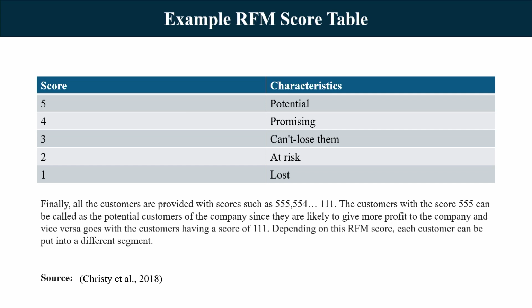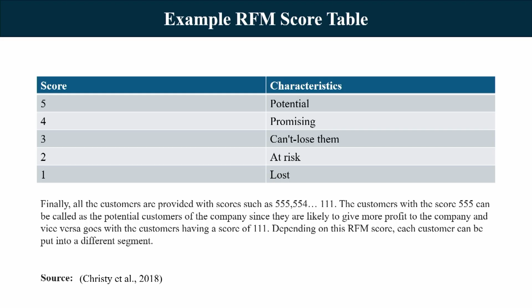The customers with the score of 555 can be called the potential customers of the company, since they are likely to give more profit to the company, and vice versa goes with the customers having the low score of 111, who are basically the lost customers.